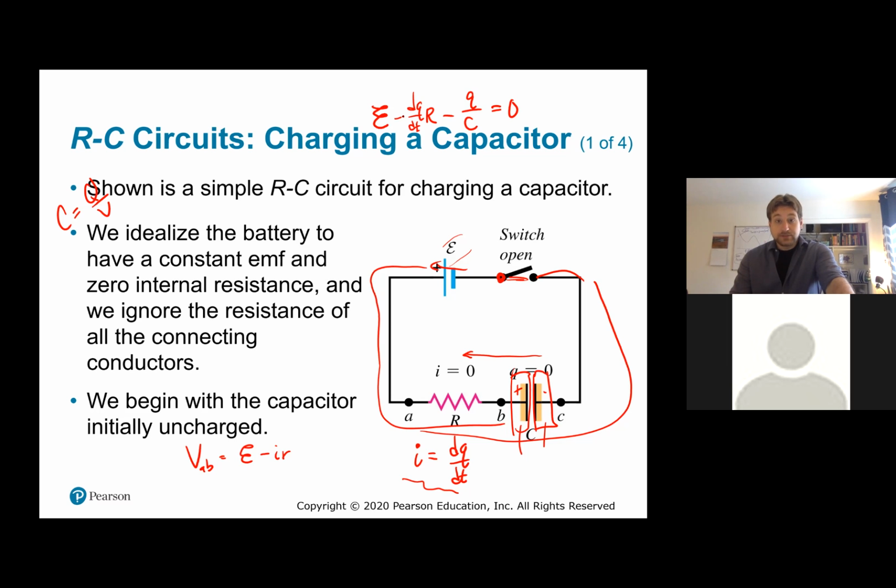We'd like to separate this and get the Q's on one side and the dt's on the other side. Let's see, dQ dt R.